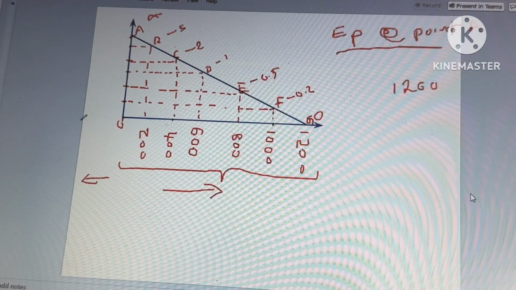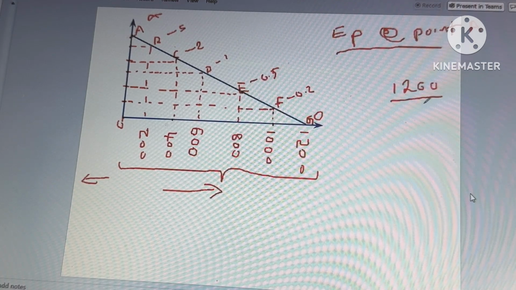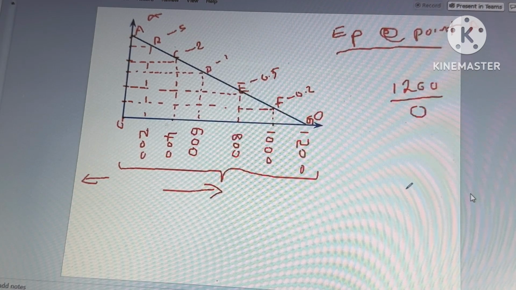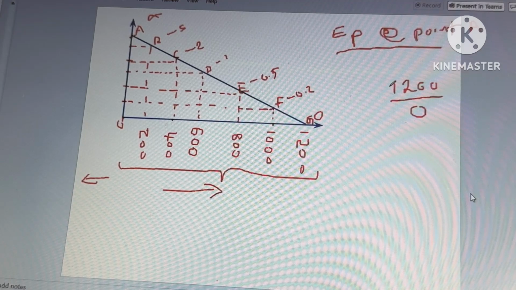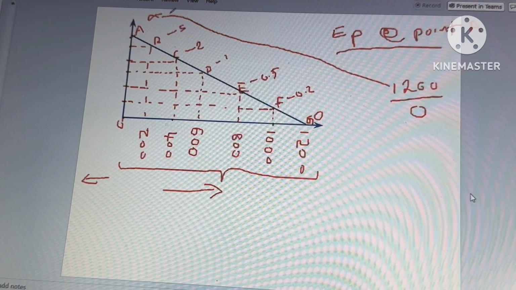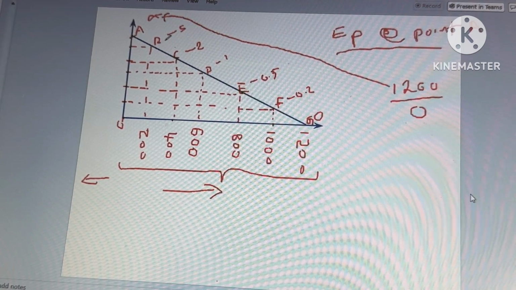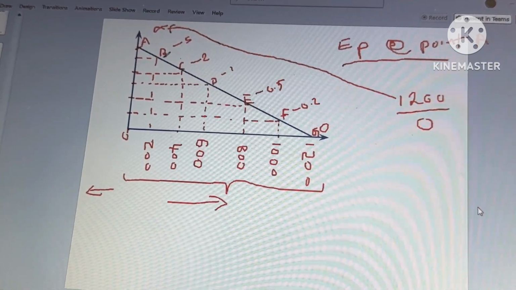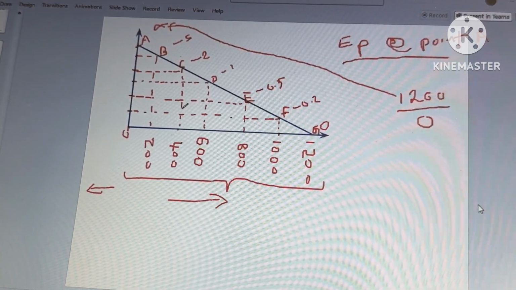Left hand side, no value. It is 0. 1200 divided by 0. What is the answer? Infinity. So put infinity.